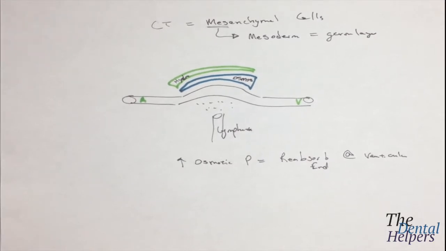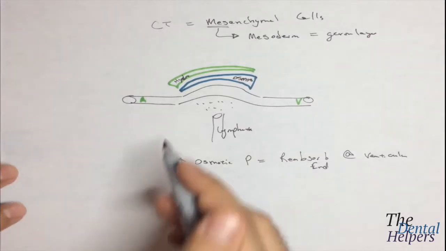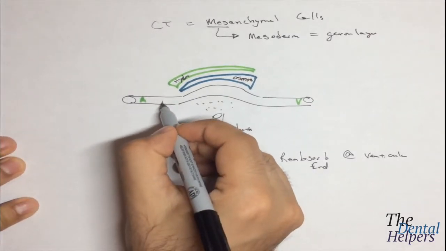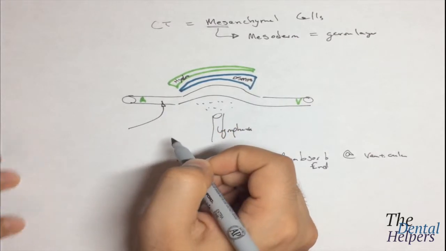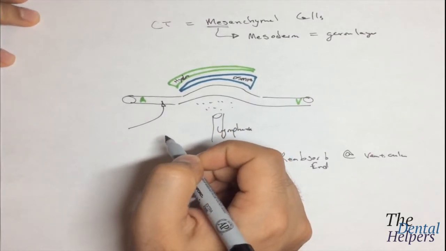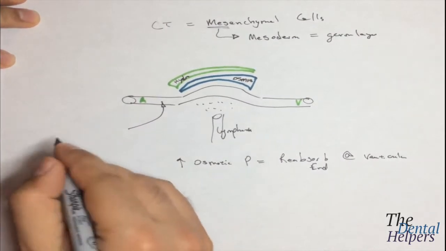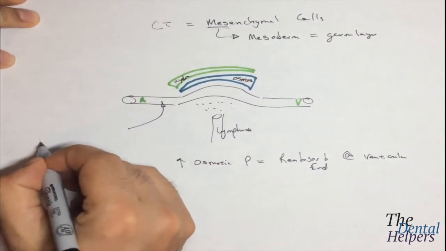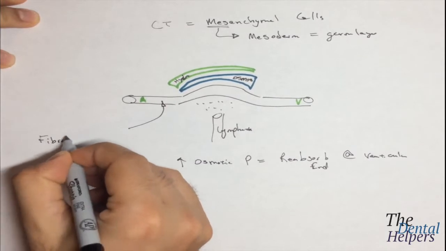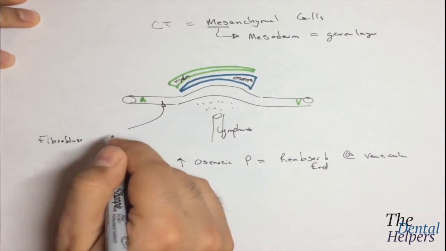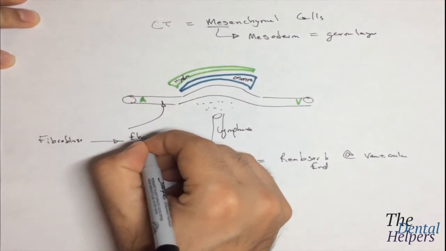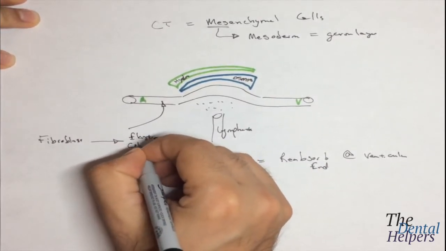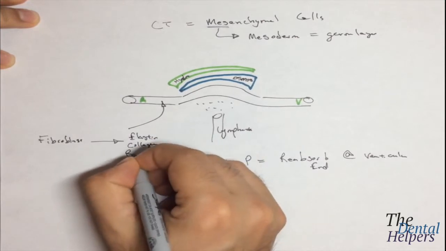Now if we think in terms of a cut, so we have the same valve right here, and say that there is a cut right here. Well, I know this is going to be a bad example, but what's going to happen is we're going to have fibroblasts, and what they're going to do is synthesize elastin and collagen, as well as reticular fibers.